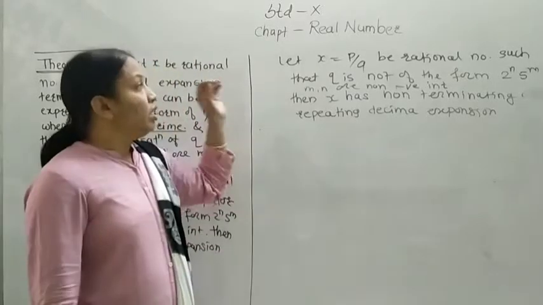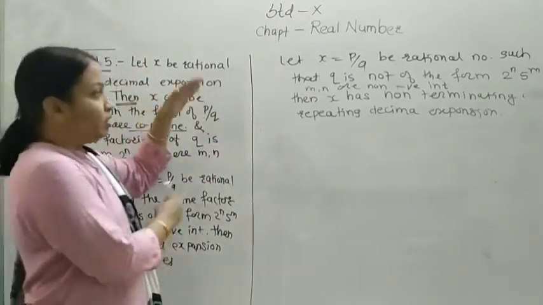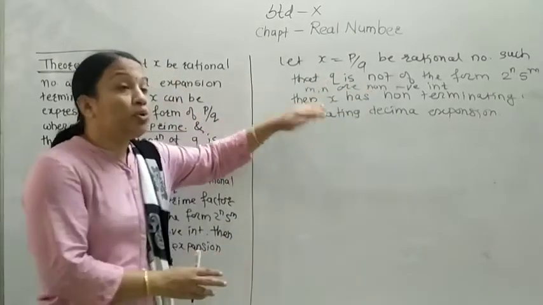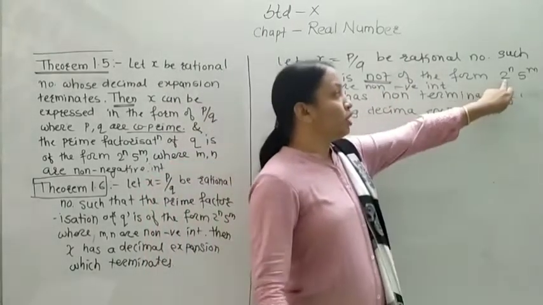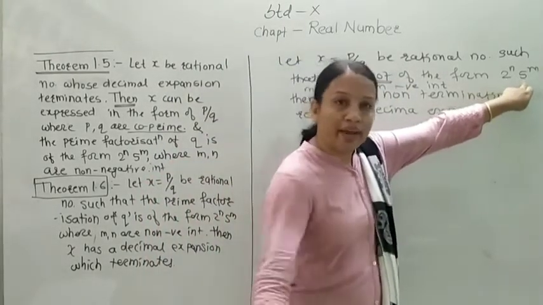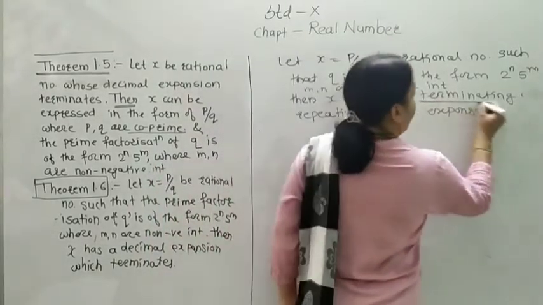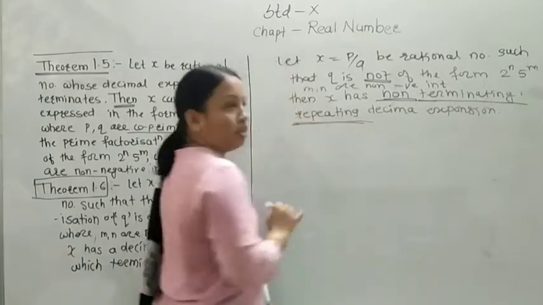Now let us see the last theorem, that is only the converse of this. Okay. Means if p by q is a rational number and q is not of the form 2 raised to power n or 5 raised to power m, that time that rational number will have a non-terminating and repeating decimal expansion.